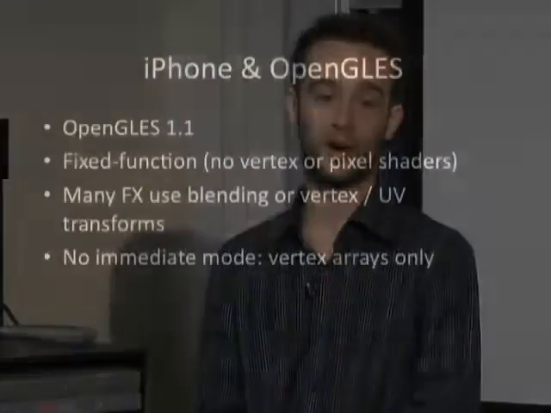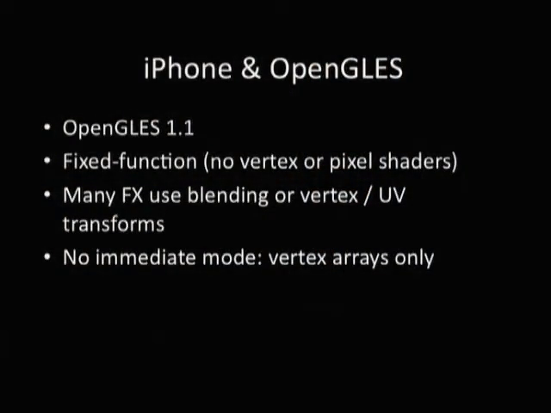So what does the iPhone have in it? It has OpenGL ES 1.1. OpenGL ES is the standard for OpenGL graphics on mobile platforms. The 1.1 specification is fixed function, which means that you don't have vertex or pixel shaders, but you have all the rest of OpenGL. You can do all the kind of blending and texture coordinate effects that you might be doing in games.